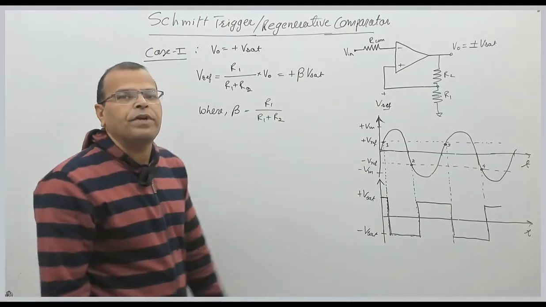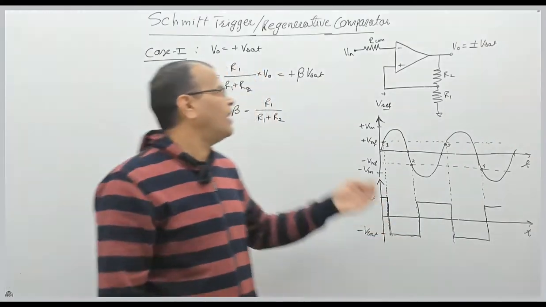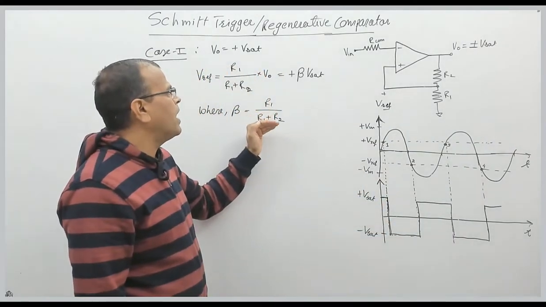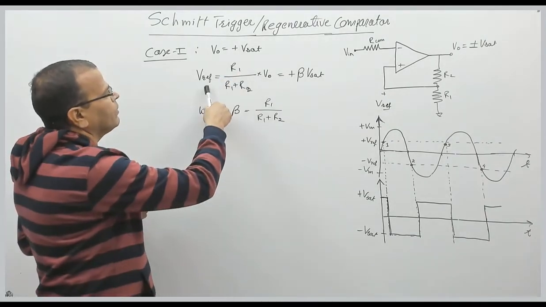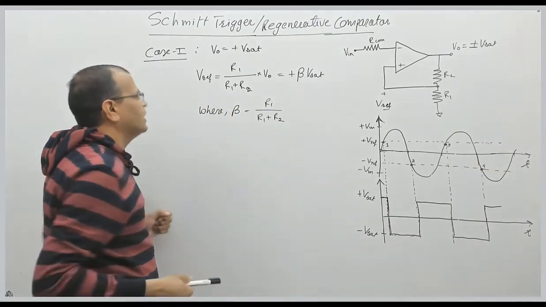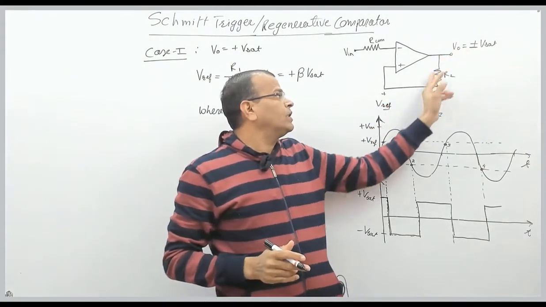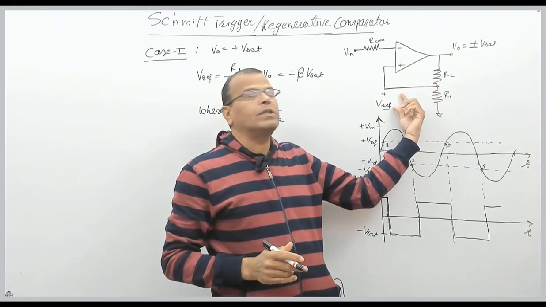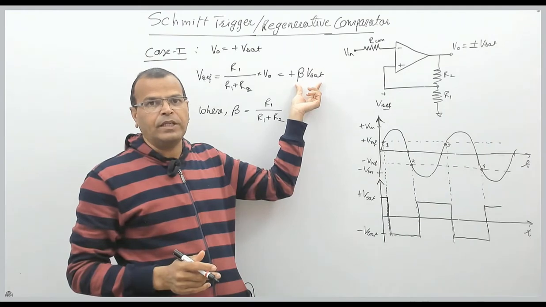Beta is called the feedback factor. So when output is plus Vsat, reference voltage is plus beta Vsat. Now see it carefully. The moment output voltage is Vsat, reference becomes beta into Vsat, right?